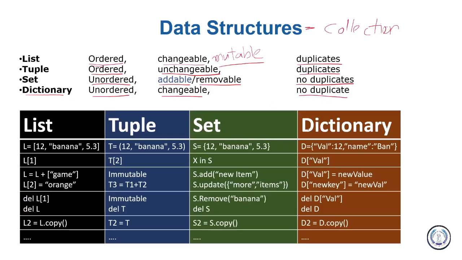The power of a dictionary is that each item consists of a pair, and one value in the pair is called the key and the other is called the value. For example, val is the key for 12, name is the key for ban, and so on. We have seen this dictionary before in loops and stuff in a very loose way, but that's really a very, very powerful data structure.